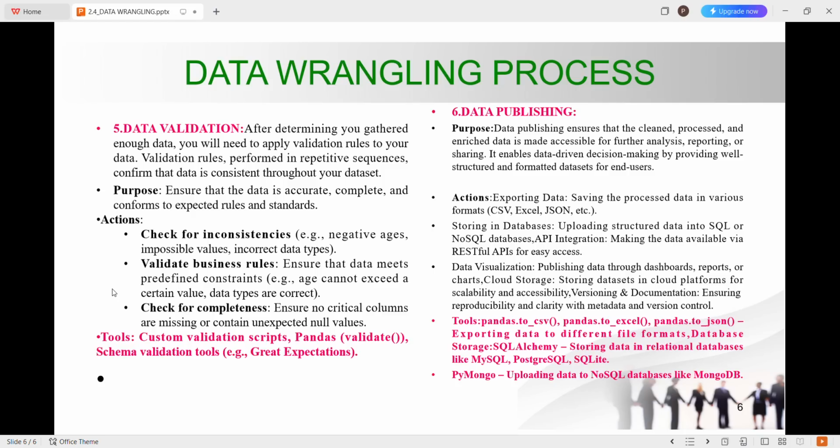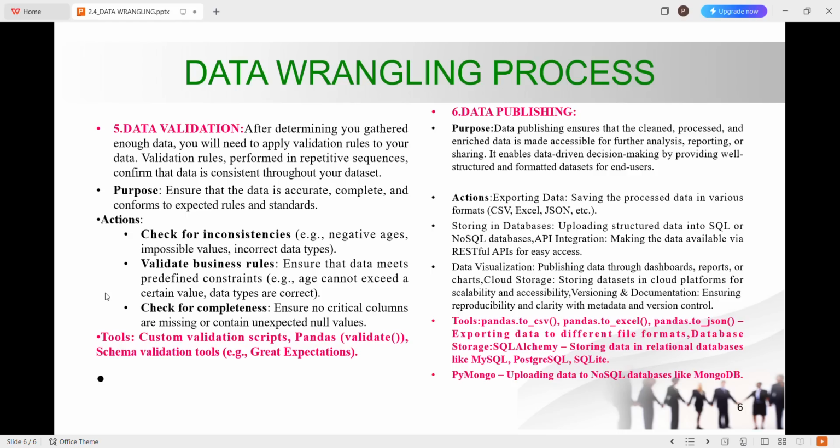Once the data has been validated and analyzed, it is kept for reporting and sharing purposes. The data will be saved in the required format like CSV or Excel, and kept ready. Or if you want, you can also load the data into structured storage such as SQL, or combine it with API integration, or use it with a data visualization tool.